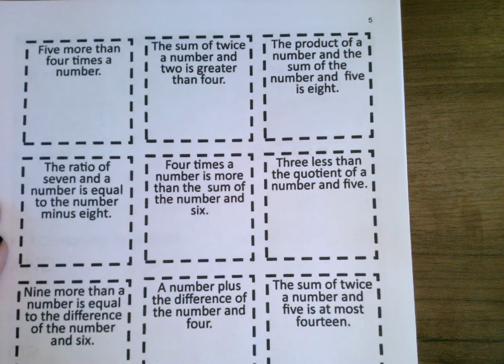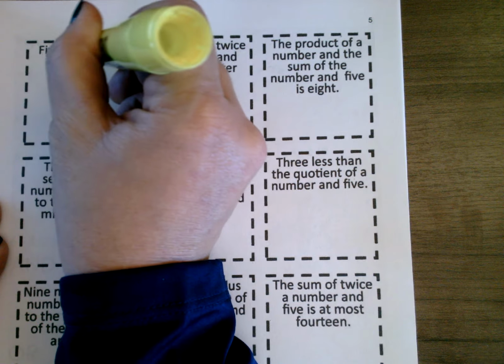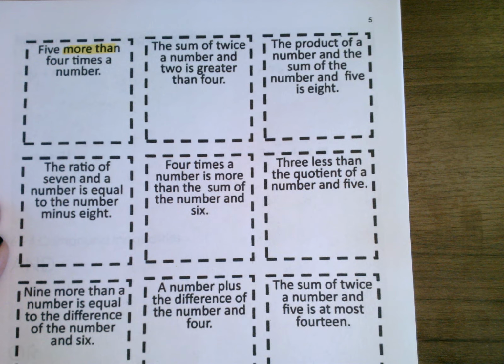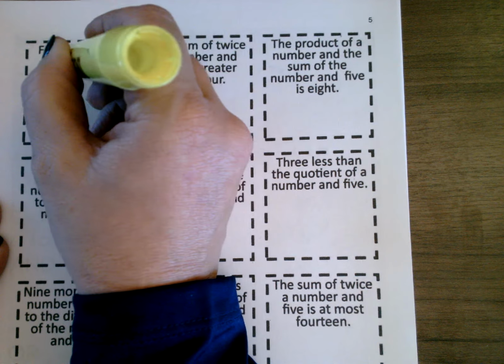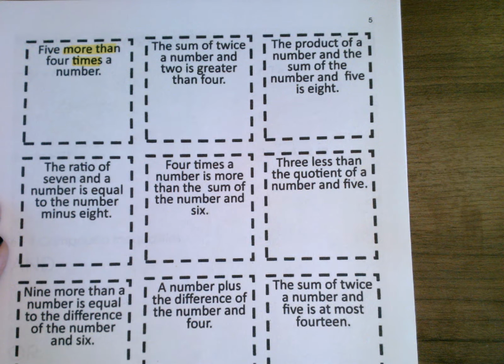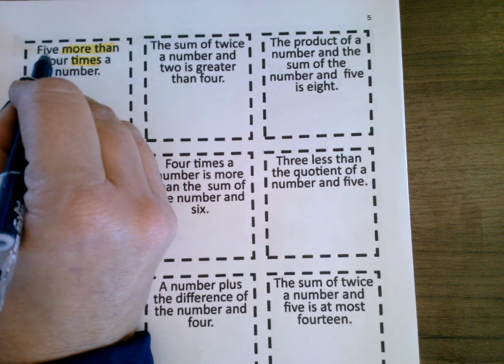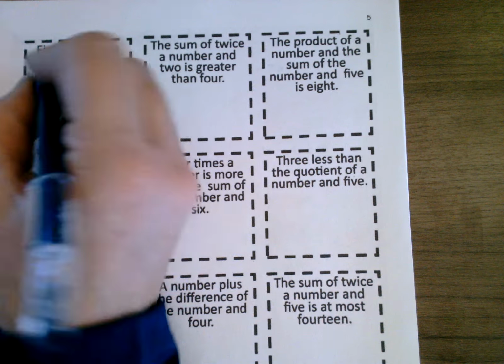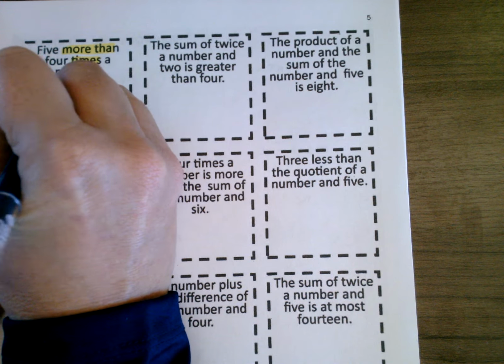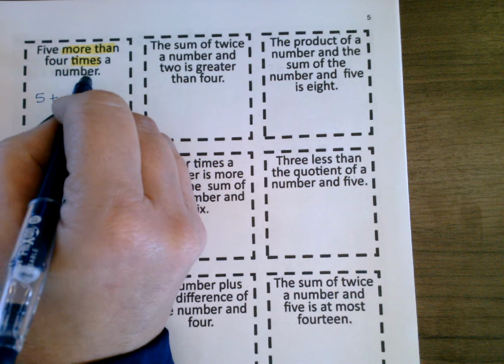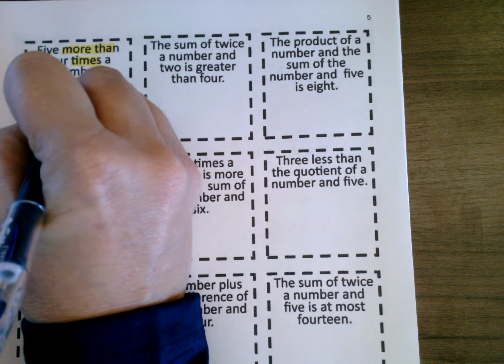When I read the very first one, "5 more than 4 times a number," I'm going to highlight "more than" and "times," that's another operation, and "a number." When I don't know a number in math, what do we use? A variable. So now I'm going to write "5 more than 4 times a number."